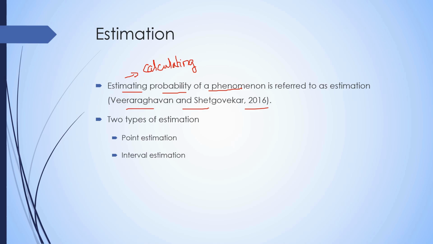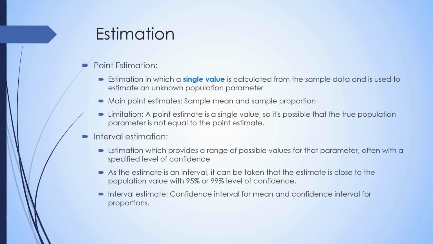There are two types of estimates: point estimation and interval estimation. First is point estimation. So what is point estimation? It is estimation in which a single value is calculated from the sample data and is used to estimate an unknown population parameter. So as the name suggests, there is a single point or a single value that is calculated from the sample data.